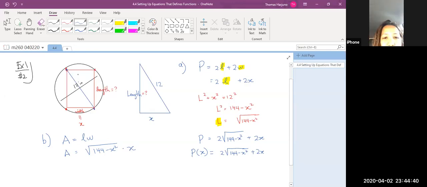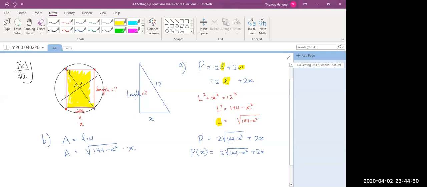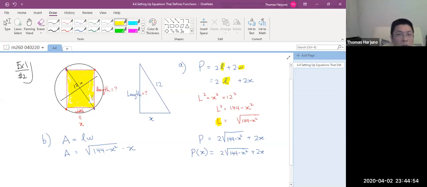We're talking about the area of this rectangle. But for me to find the length in terms of the width, I need to look at the right triangle there.